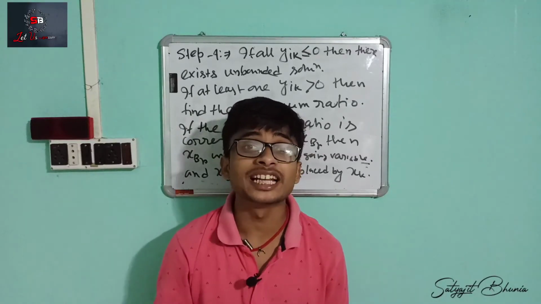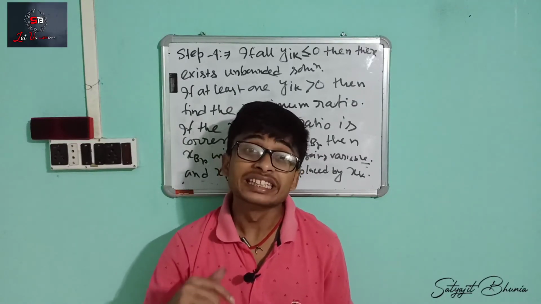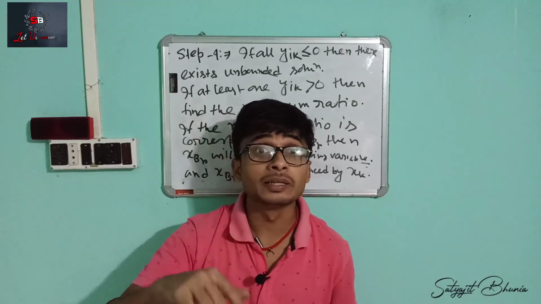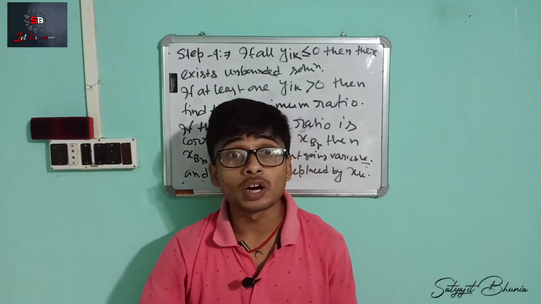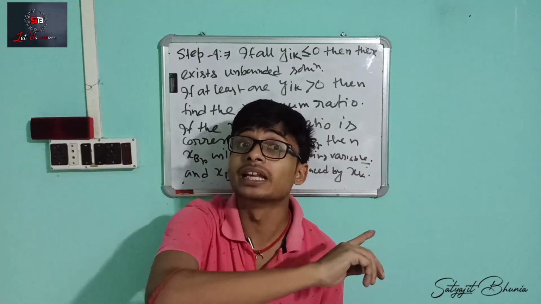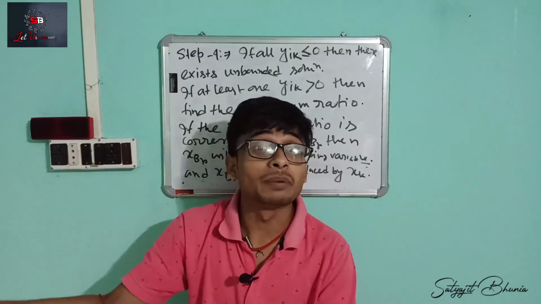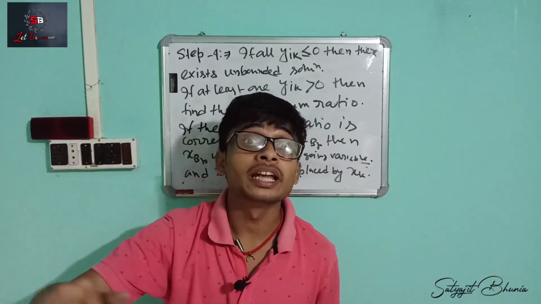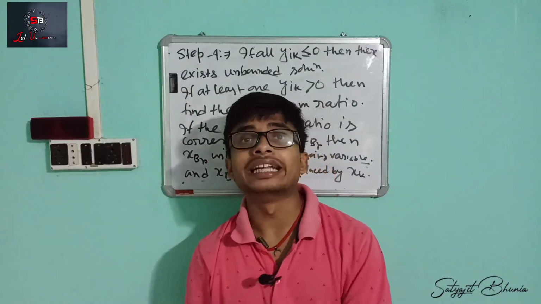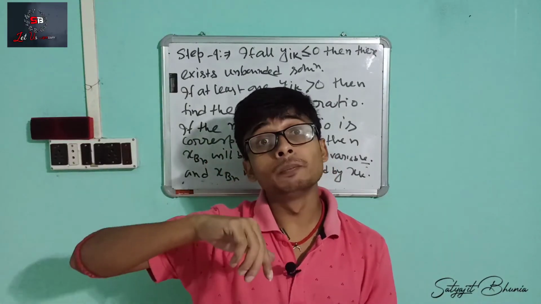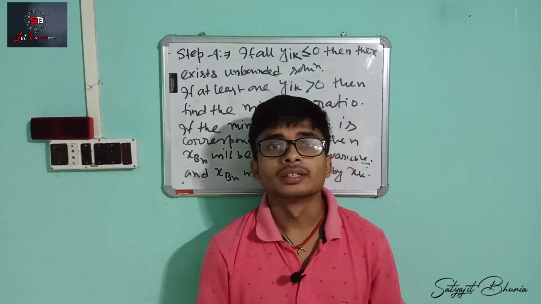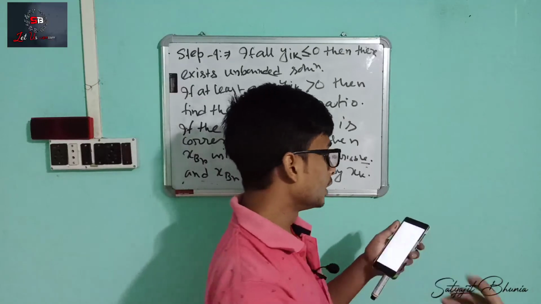If at least one element of yk cap is greater than 0, then we will find the minimum ratio, and if the minimum ratio corresponds to a basis variable xbr, then the basic variable xbr will be the outgoing variable, and in the next table xbr will be replaced by xk. Okay, then we will move to step 5.